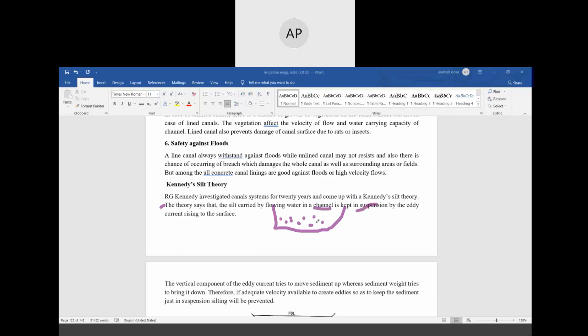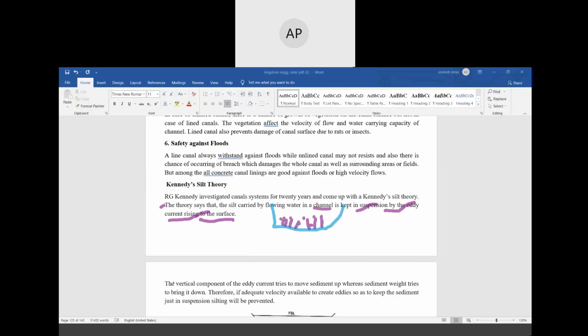So how is it held in suspension? By the eddy currents rising to the surface. That means some eddy currents rise from the bottom of the water, and that is responsible for the suspension of silt particles.